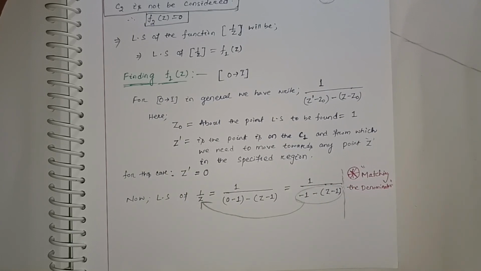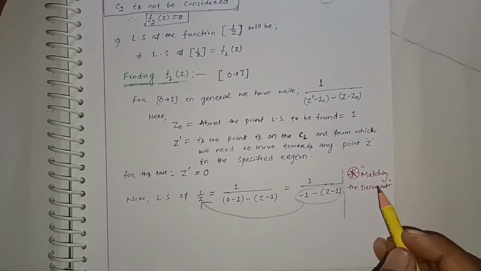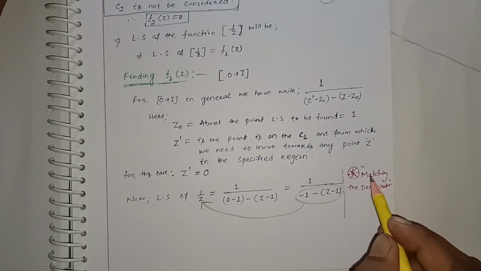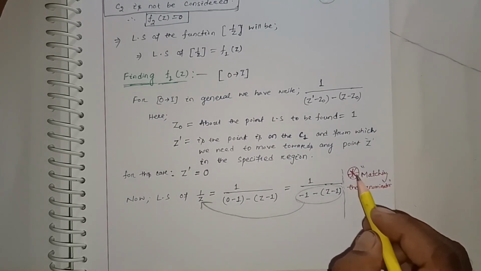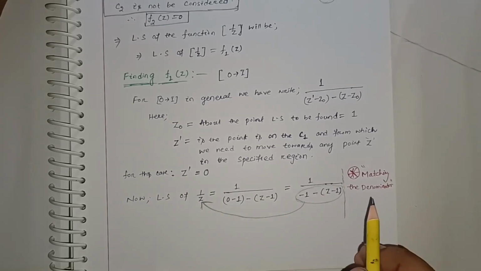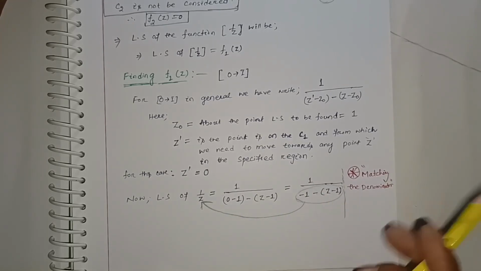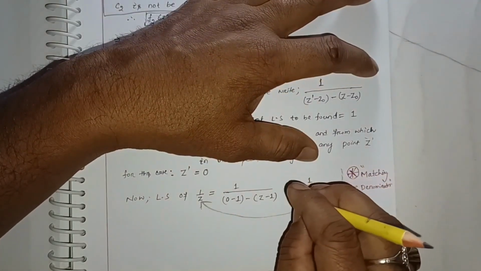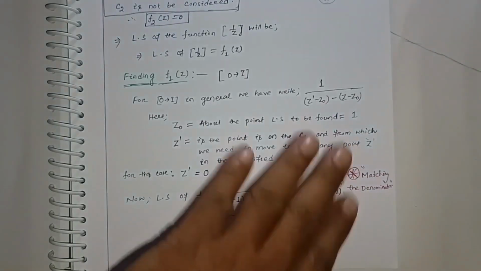Is it visible? Matching the denominator, this point with the star mark, you always have to remember after this much process. Here you can see how you are going to match, you just carefully watch.